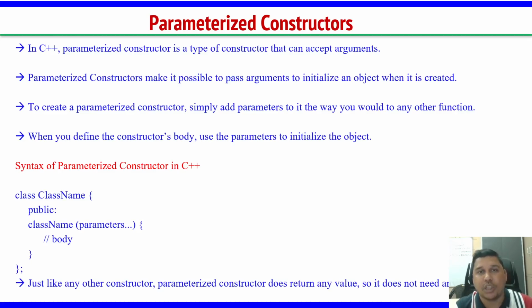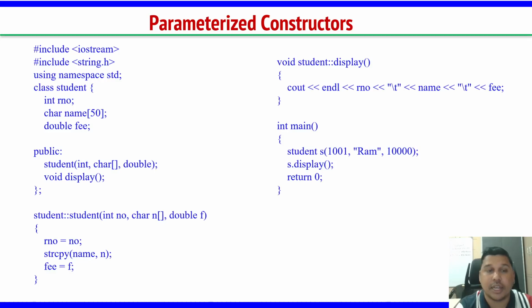That's why for all programs written with the class concept, you definitely have to use constructors. Among them, one type is parameterized, where we pass the arguments. Here we have implemented this with an example. When I am creating an object student S, I am passing the parameters 1000, RAM and 10,000. So this particular block is executed.